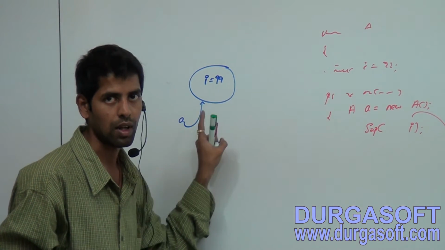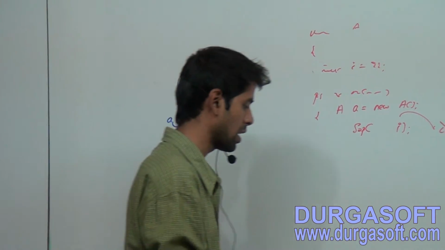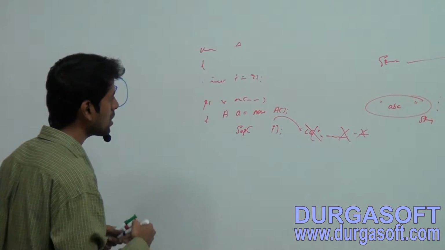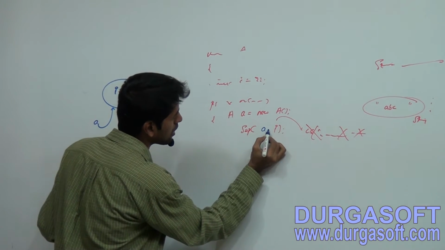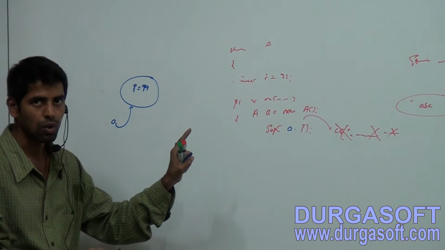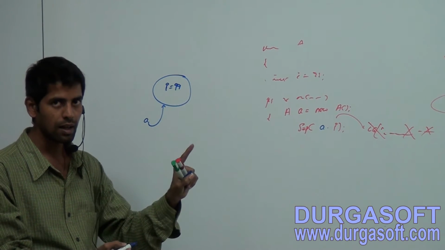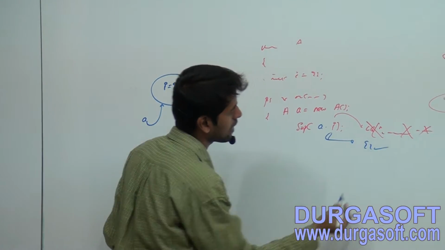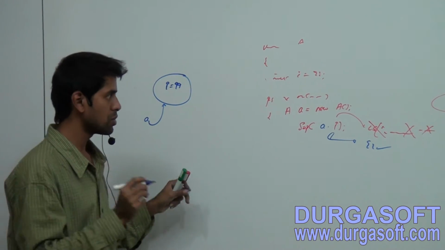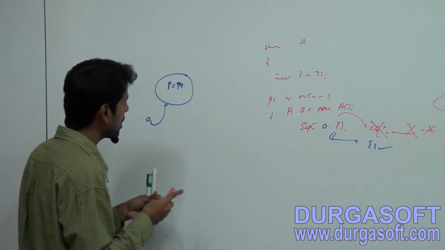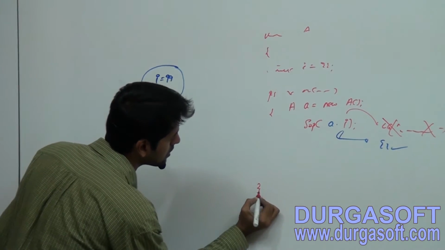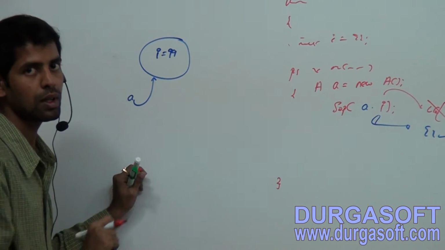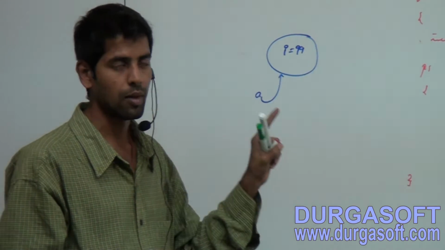We are all aware of this one. So I want to call a dot i. Now no compile time error, and the output will be as what? 99.